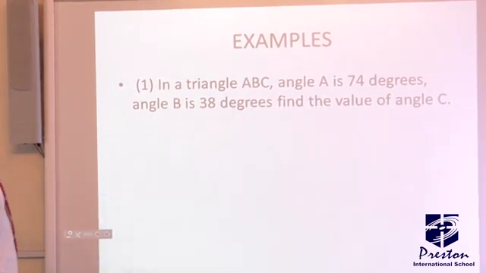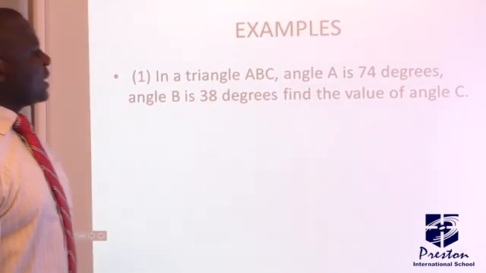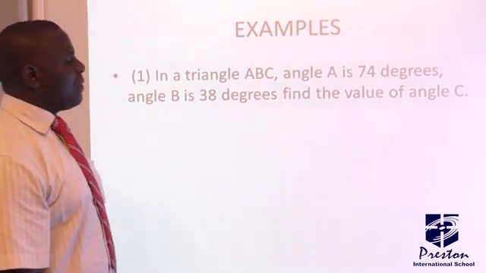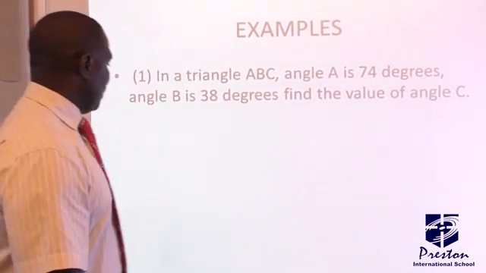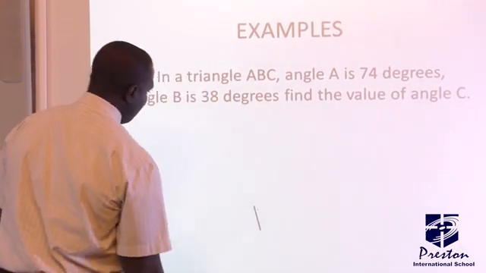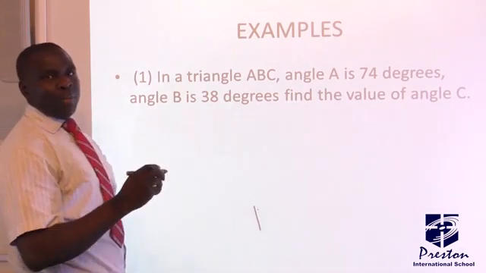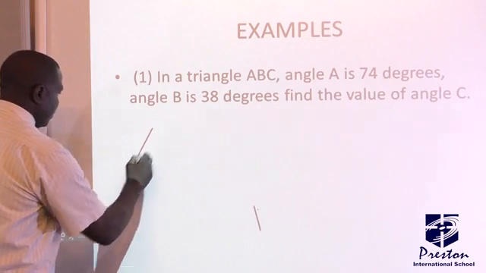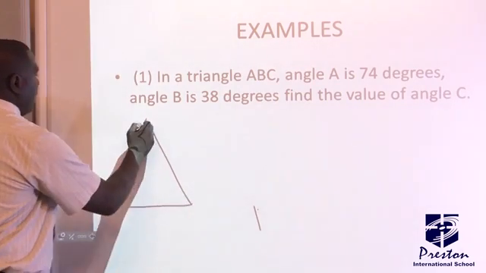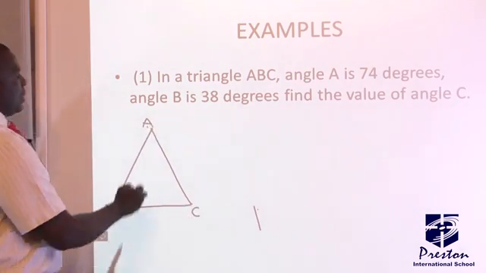Now, the first example we have on the board says that in a triangle ABC, angle A is 74 degrees, angle B is 38 degrees. Find the value of angle C. So what you need to do is to draw the triangle ABC, then locate the angles.